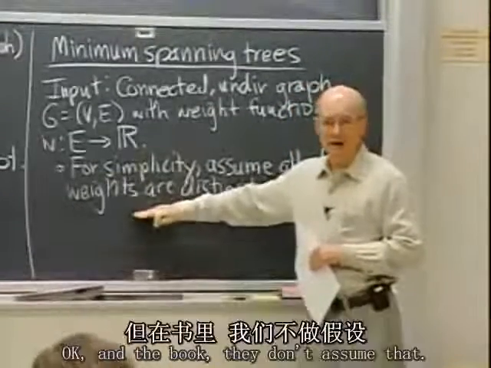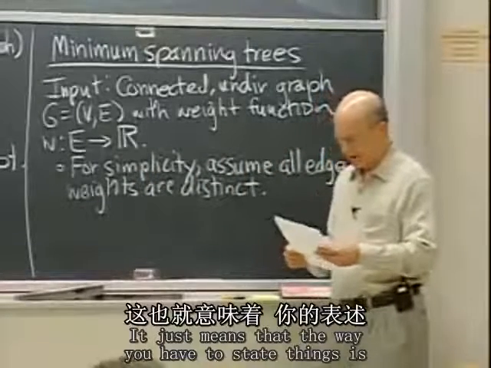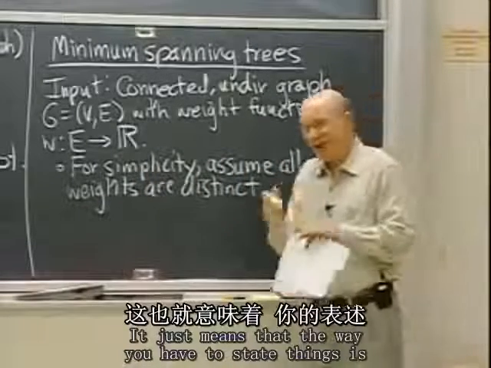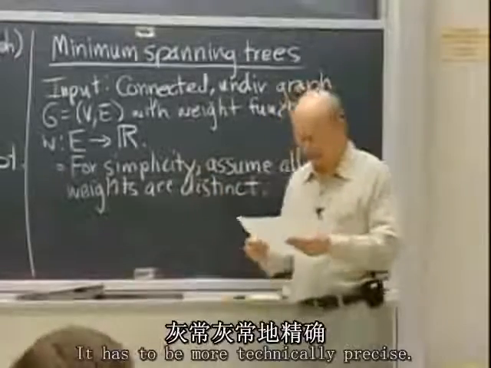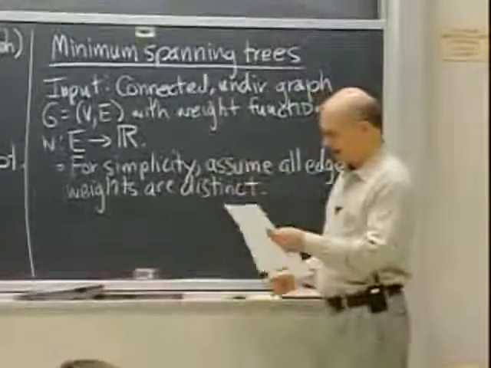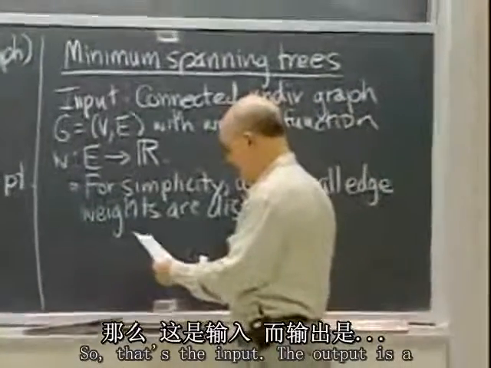In the book they don't assume that, and it just means that the way you have to state things has to be a little bit more technically precise. So that's the input.